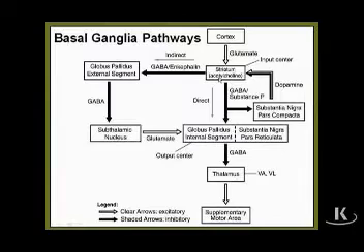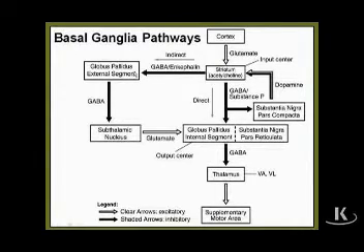The indirect pathway also begins with cortical excitation of striatal neurons, but the striatal neurons that begin the indirect pathway are a different population of GABA neurons that are co-localized with enkephalin as a co-neurotransmitter. So, cortical excitation drives the indirect basal ganglia pathway GABA neurons, but look where they project.